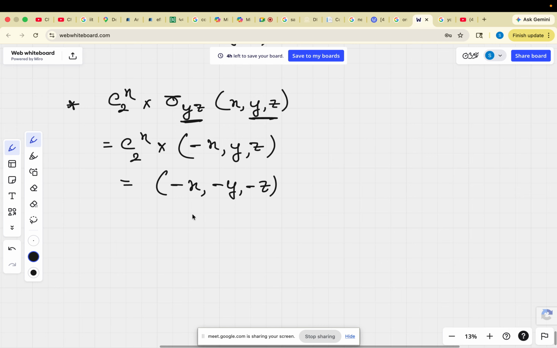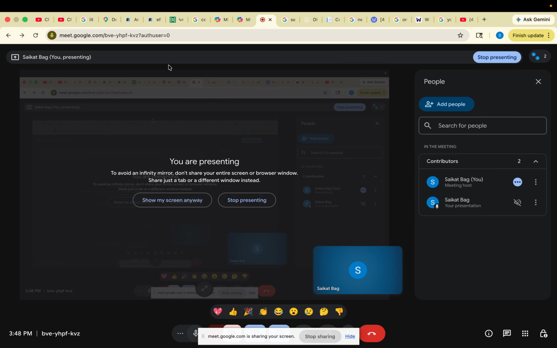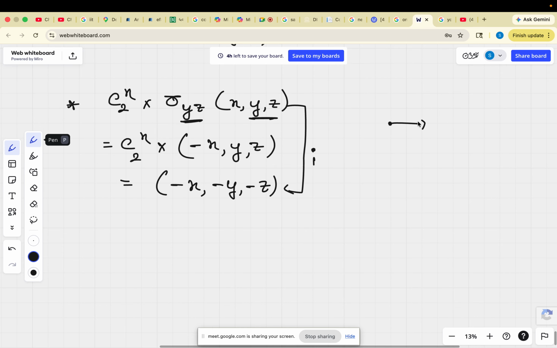So this is actually known as your inversion center, so if you take inversion center you will get it directly. If you are getting minus x minus y minus z, that means you are getting I, the inversion center. Okay, I explained inversion center. What is inversion center? If this is a point and I am going in this direction, then in the opposite direction I will have the same thing.